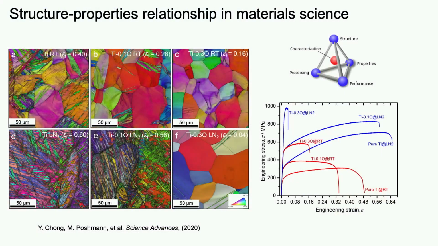And you can see here, I've been working in the field of titanium metallurgy for a long time, and these are essentially nominally pretty pure elemental titanium alloys. And you can see the structure varies a lot, and how the structure changes the properties is also very dramatic. So you can see here, these are what's called stress strain curves. So how much stress do you need to pull at a certain amount?